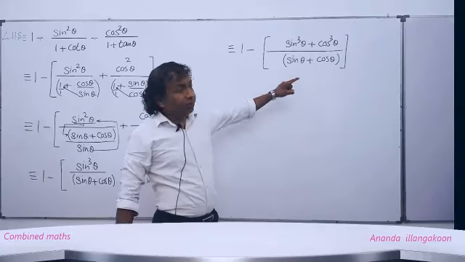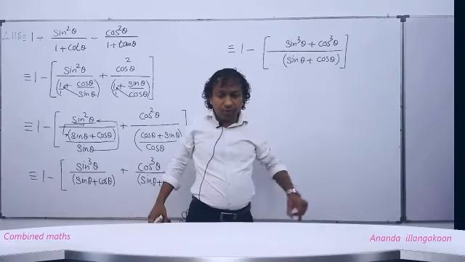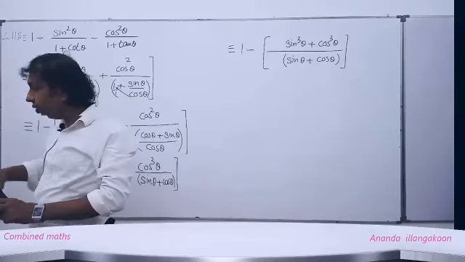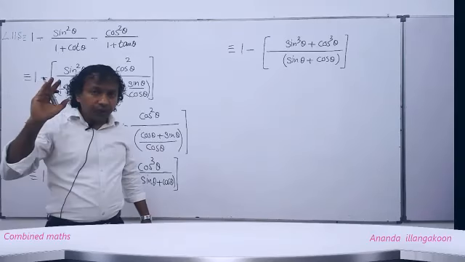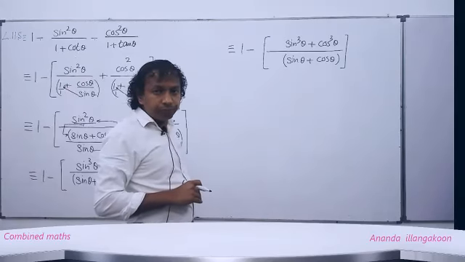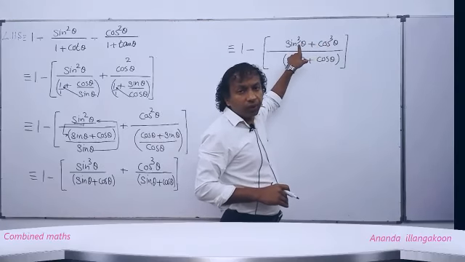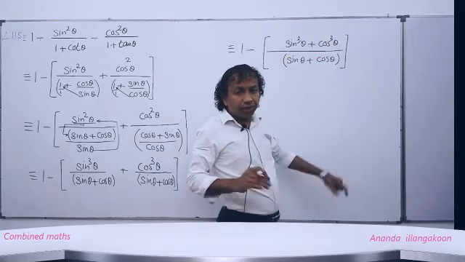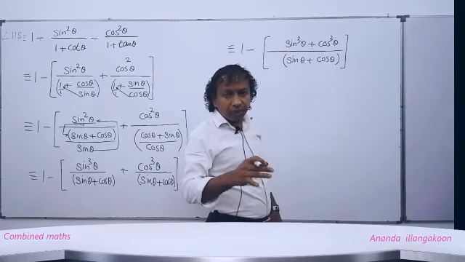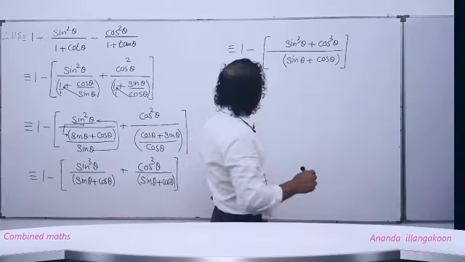Now, people, what is this? Sum of two cubes. A cube plus B cube. What are the factors? First ignore these powers. Then what do you get? Sin theta plus cos theta. First factor. Second bracket, we can write like this: 1 minus, this is sine theta plus cos theta. Right.